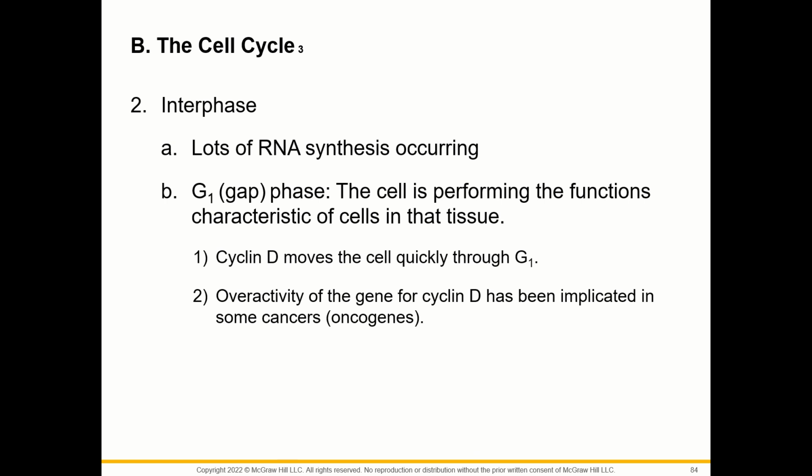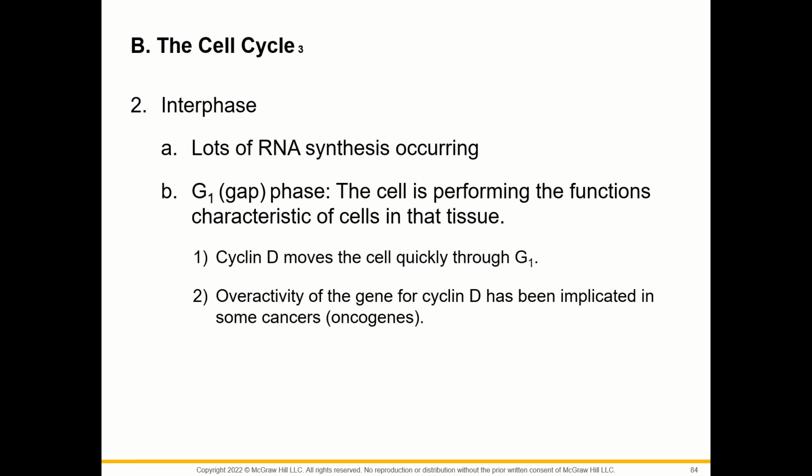Okay, so in interphase, lots of RNA synthesis is occurring. Here's the G1 gap phase. The cell is performing the functions characteristic of cells in that tissue. And then you've been looking at this part in your book called the cyclins and P53. Cyclin D moves the cell quickly through G1.